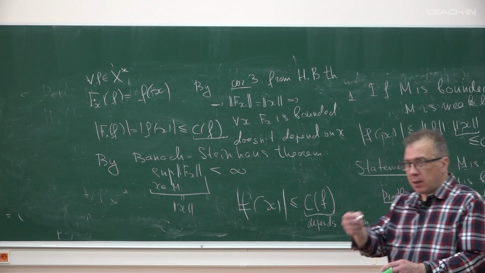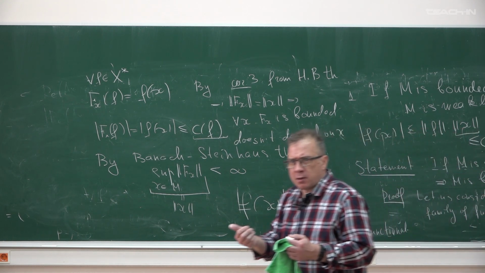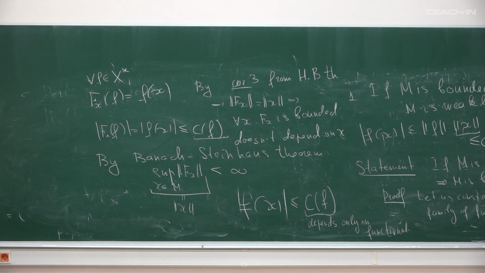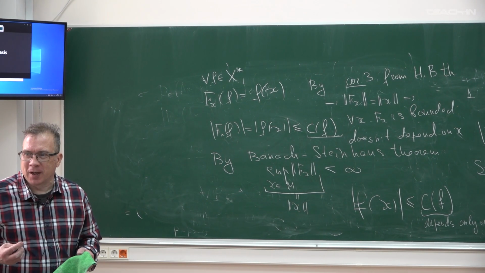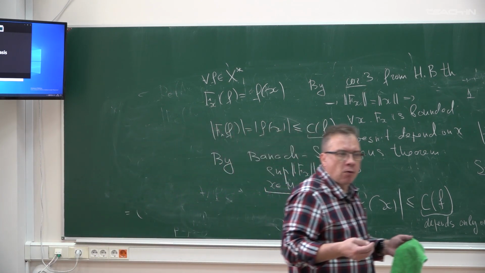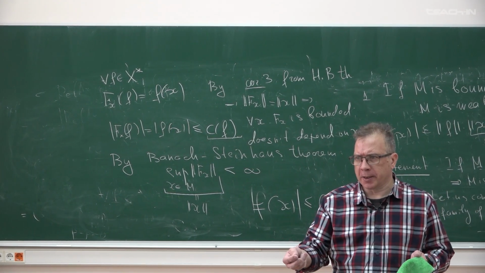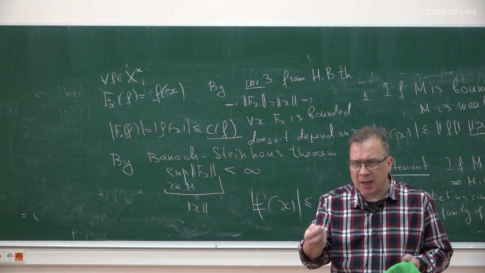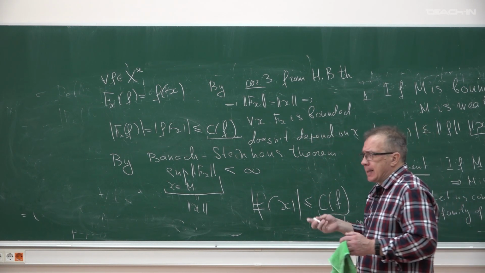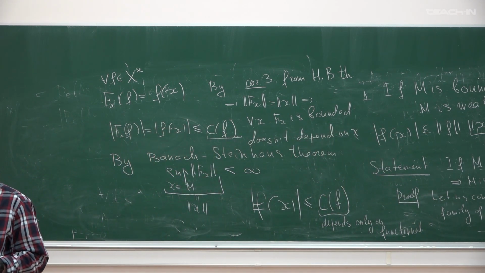Okay. And a more interesting fact, and more useful for our lectures, for quantum mechanics, for example. The typical operators for quantum mechanics, for example, operators of coordinate or impulse, are unbounded. But we define them as operators in L2, for example L2(R) or L2(R^3).